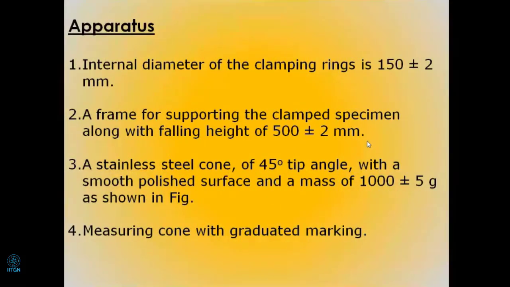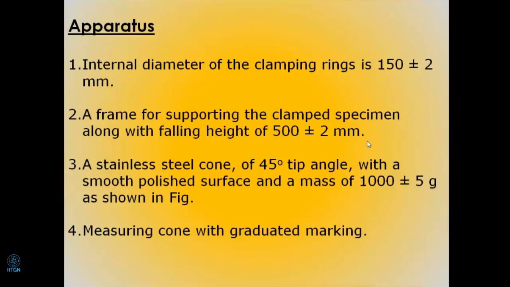This was the apparatus in which the internal dia of the ring was 150 mm plus minus 2 mm, and the height of the frame which supports the clamped specimen and the falling height is 500 plus minus 2 mm. See, the margin is given only plus minus 2 mm. So we have to verify whether our equipment is complying with the specification or not.